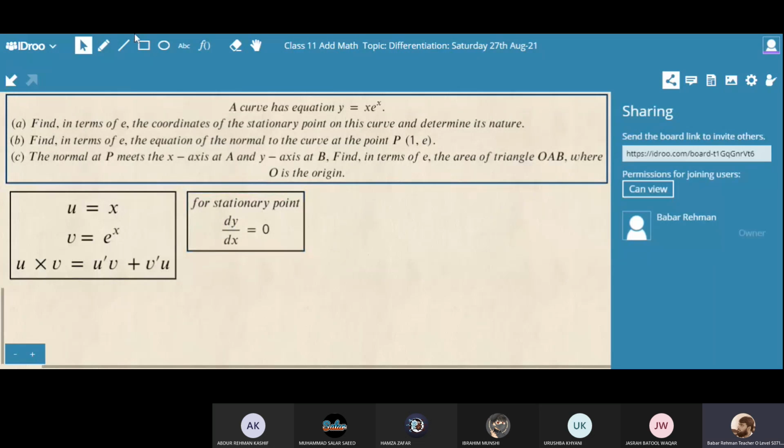Now this is the concept related to the coordinates of the stationary point. Find the derivative.